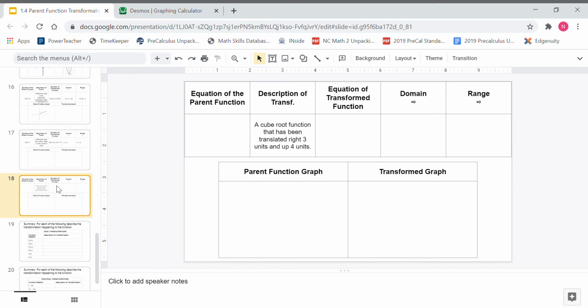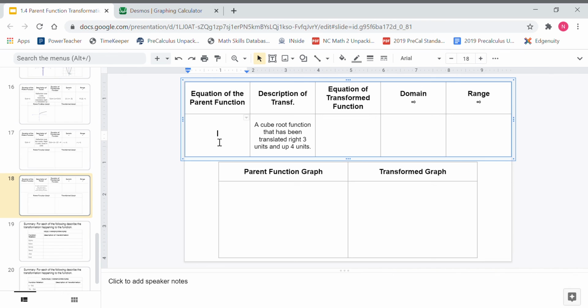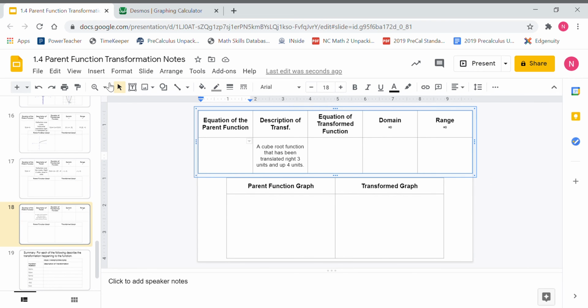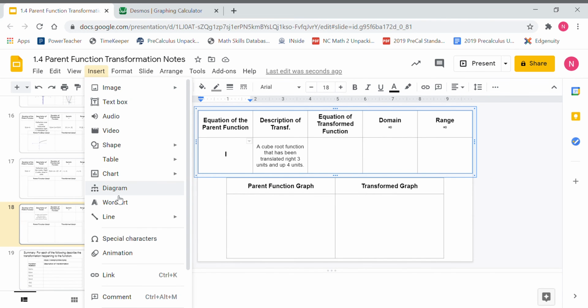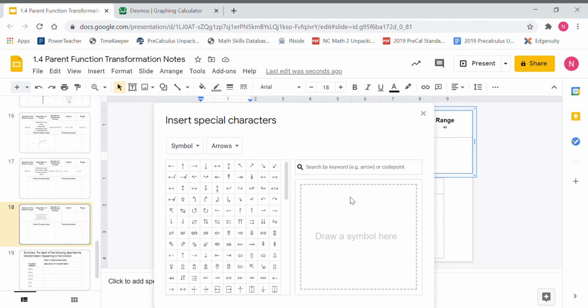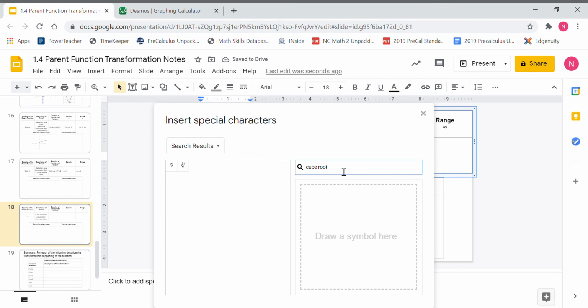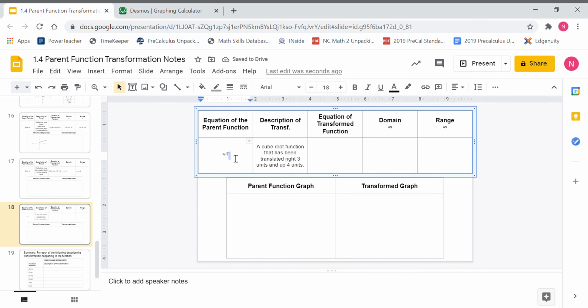And then last one before we sum it all up. So we are given a cube root function that has been translated right 3 units and up 4. So let me see if I can find my cube root function. All right, cube root of x.